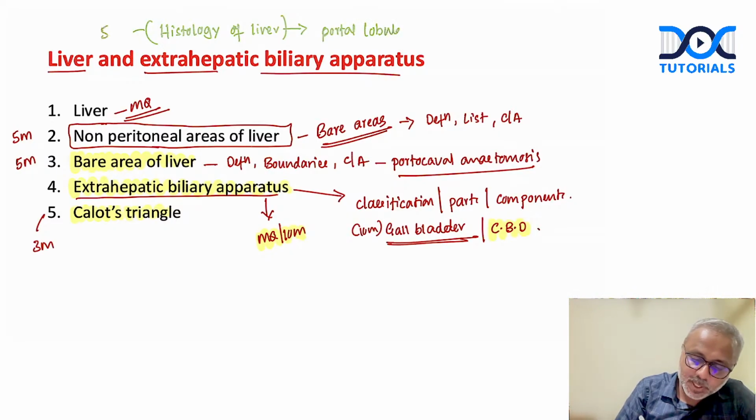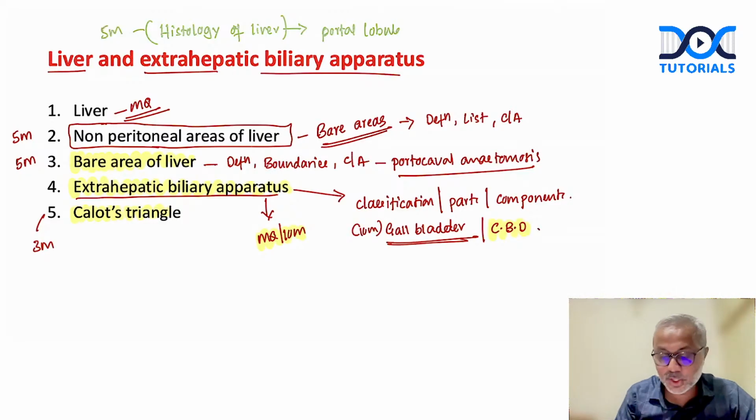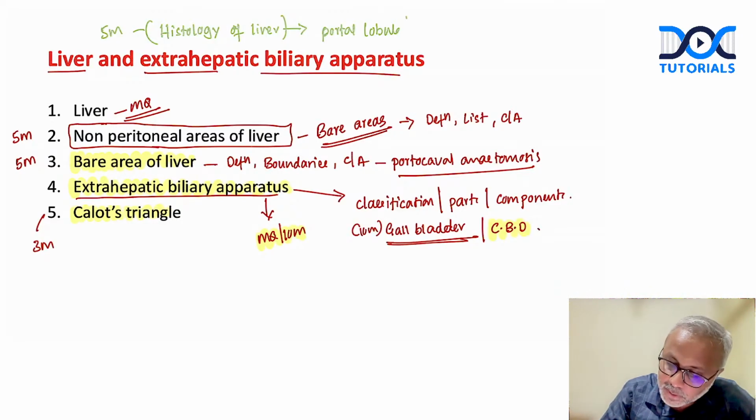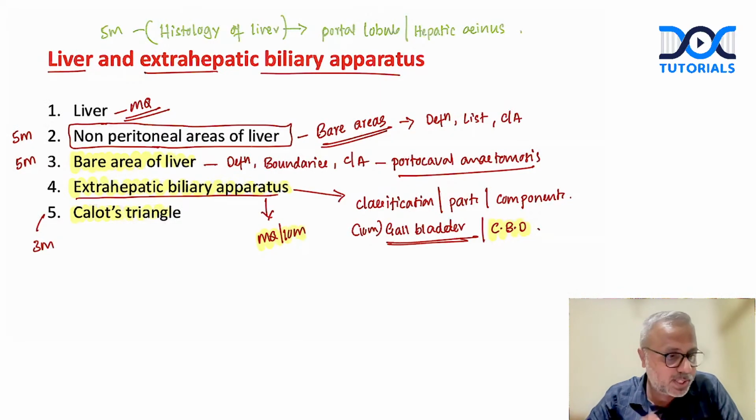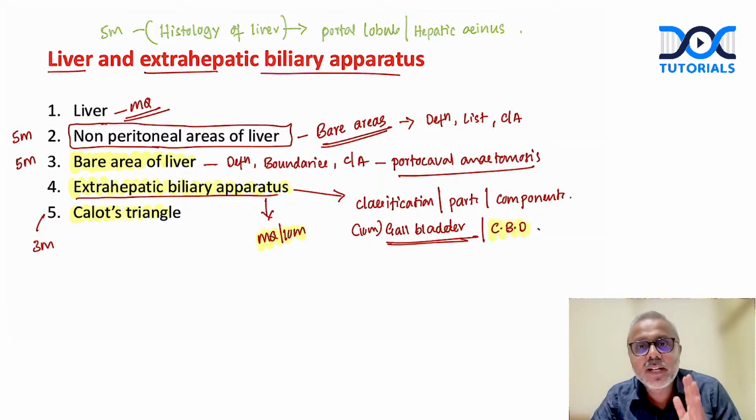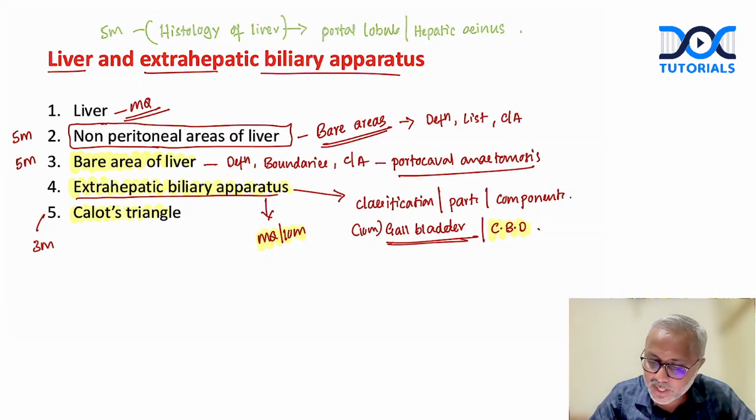This is a very important 5-marker question, right? Histology of the liver. In that, portal lobule and the hepatic acinus. What exactly they are and what is its clinical importance? So this often will be a 3-marker question. Okay. So portal lobule and hepatic acinus, these could be 3-marker questions.